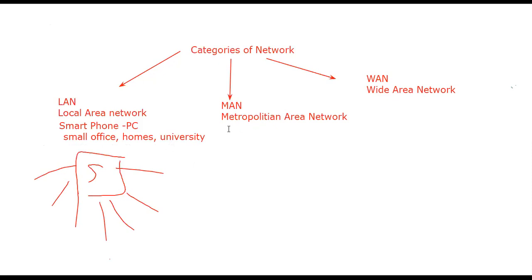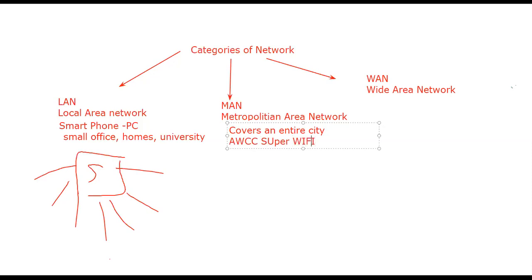Now MAN, metropolitan area network, covers an entire city. So it covers a larger area. LAN covers a home, a small office, or a university campus, but MAN covers an entire city. While you are walking in Kabul city, have you ever noticed the AWCC super Wi-Fi on your smartphones?